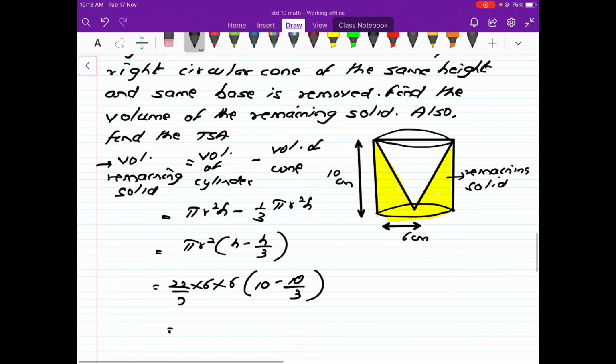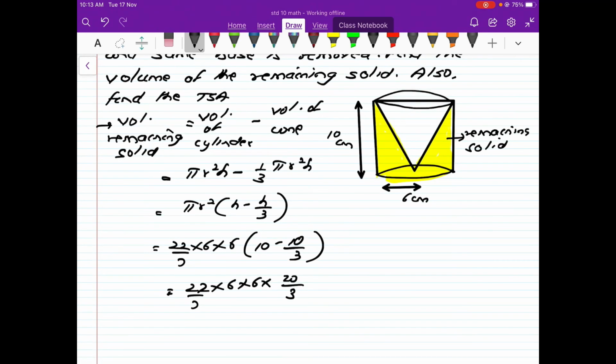So this will be 22/7 into 6 into 6, and this is 30 minus 10, this is 20/3. So here we are getting 240 pi centimeter cube.